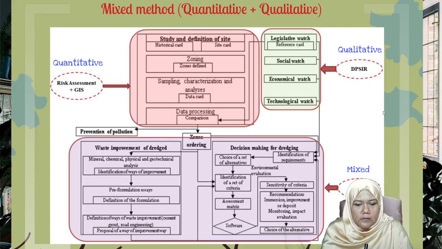I use whatever I find in DPSIR, and whatever I understand from the PSIR, and combine it together with the trace metal level, which comes from the document analysis and content analysis, and then I combine it into multi-criteria decision analysis.